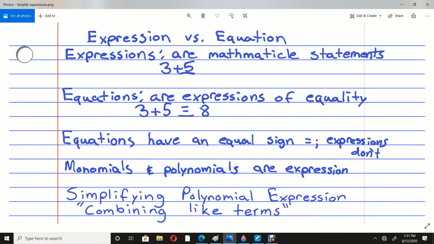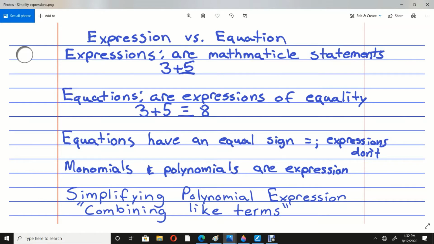So expressions are mathematical statements. For example, 3 plus 5 is an expression. Equations are expressions of equality. 3 plus 5 equals 8. So remember, we talked about that last year. What's the difference between an equation and expression? Equations have an equal sign. Expressions don't.